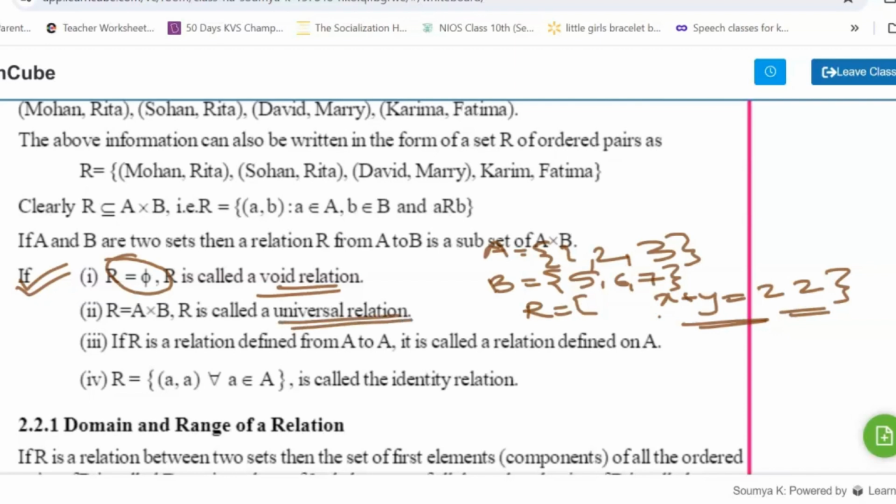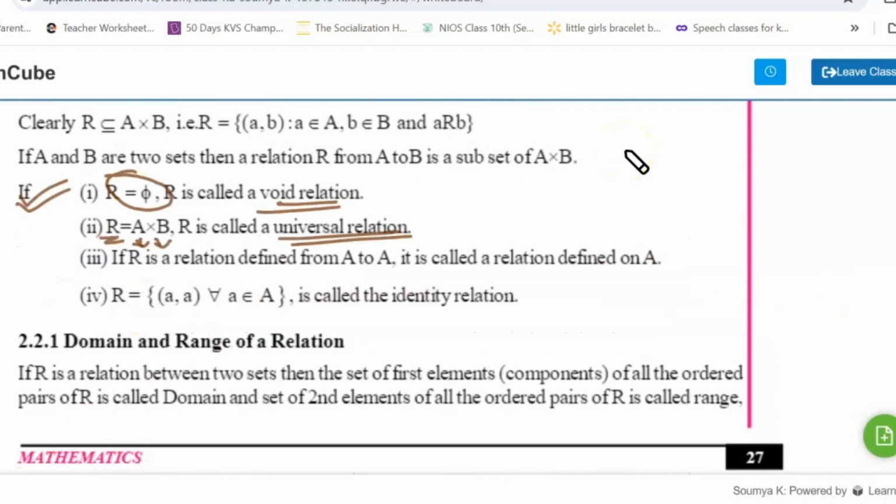Next one is universal relation. So the relation from set A to set B, in which all the elements of the set are mapped to elements of the other set, is known as universal relation.